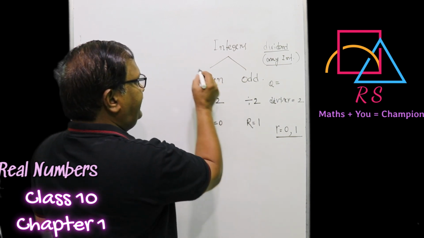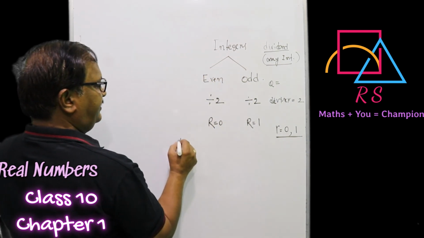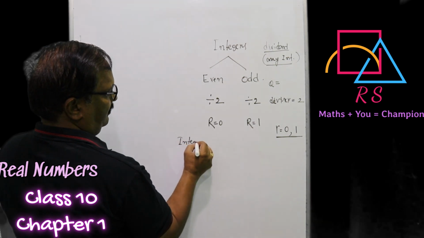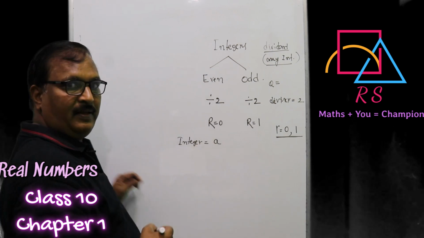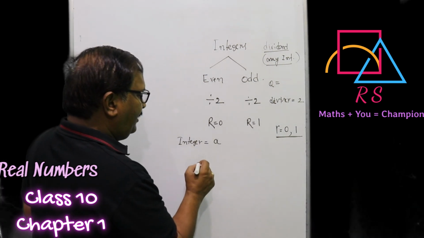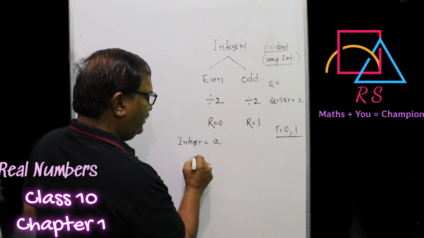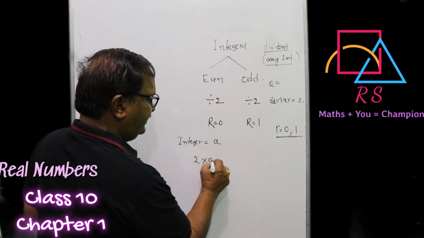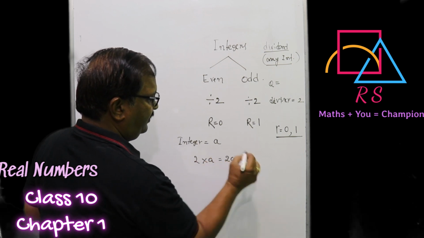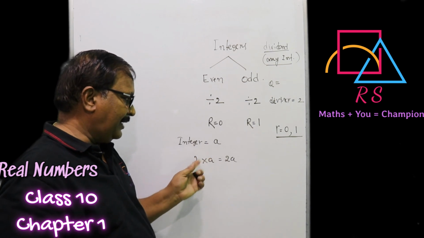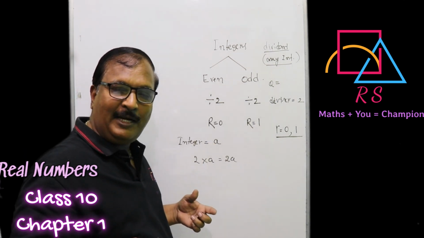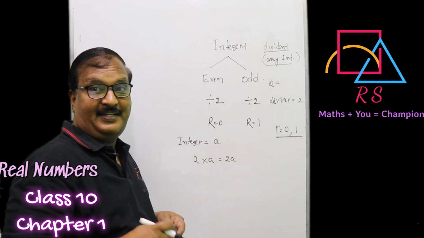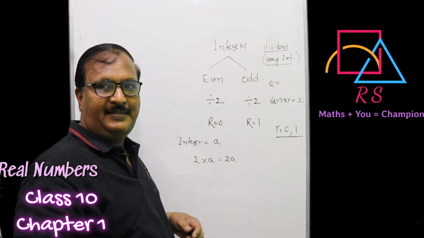Now let us come to this area. Let the integer be a. You multiply this integer by 2 and you get 2a. Any number multiplied by 2 is an even number. That is a fact of even numbers.